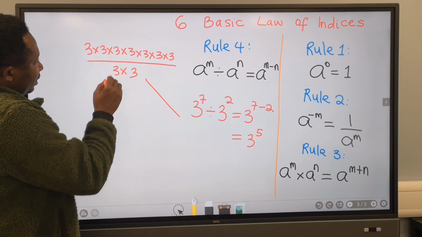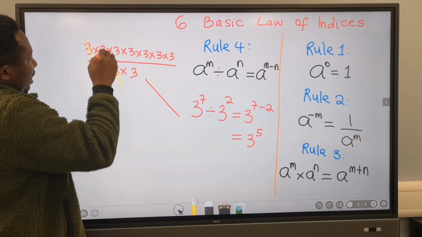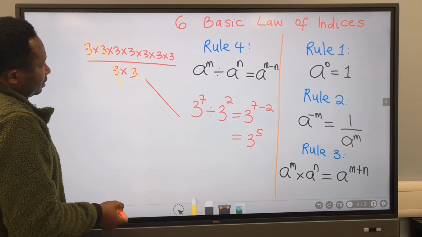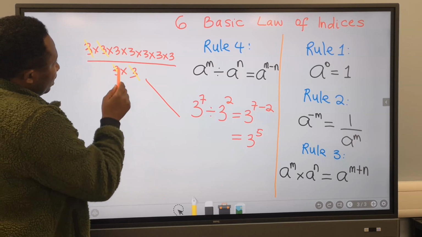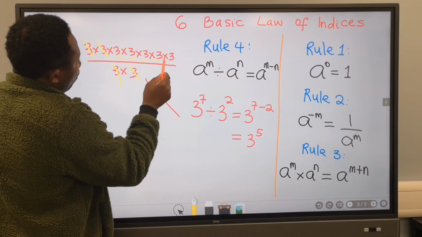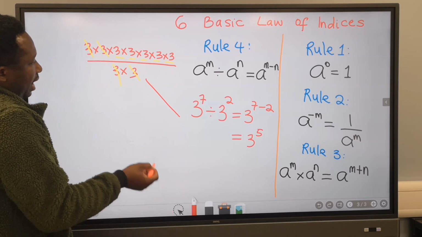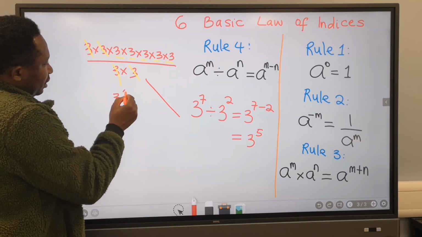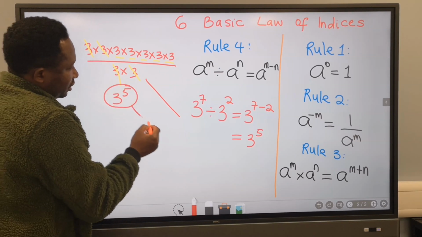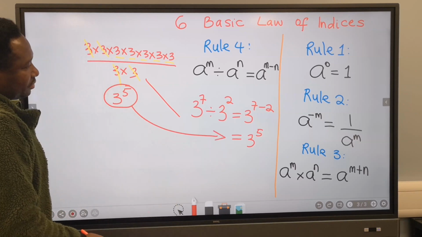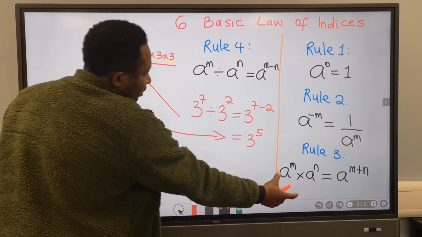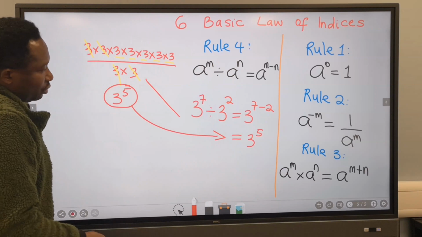And here, this will cancel this, and this will cancel this. And you end up having 1, 2, 3, 4, 5. And we are going to have 3 to the power of 5, just like we obtained here. We just applied the fourth rule.